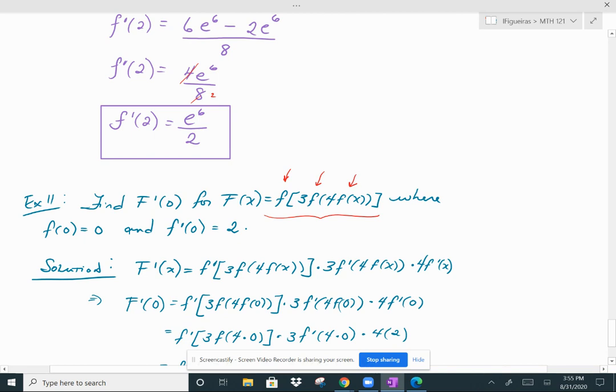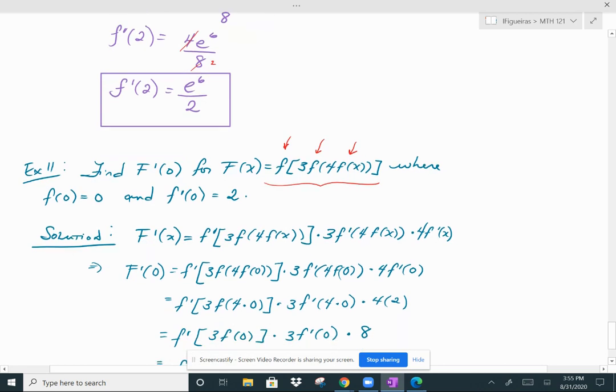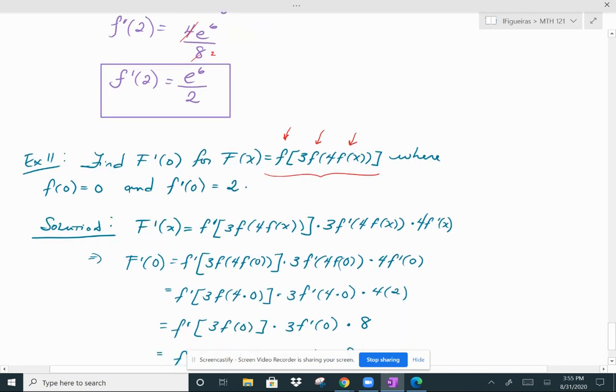So in order to evaluate this, you're also using this information. You're given that f of 0 is 0 and f prime of 0 is 2. All right, so in order to find F prime of 0, we first have to find F prime of x, which is what I'm doing here.